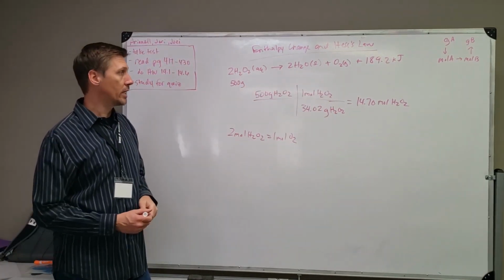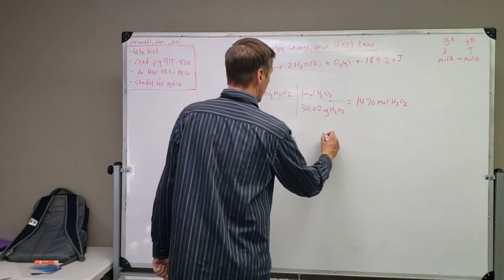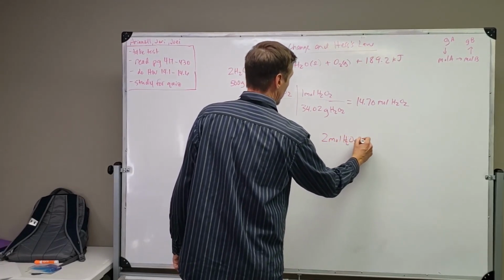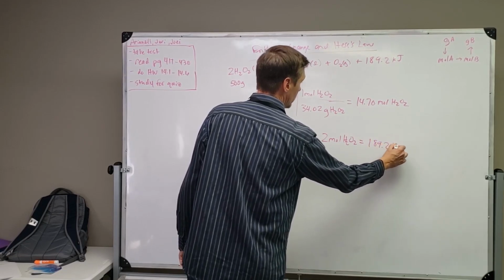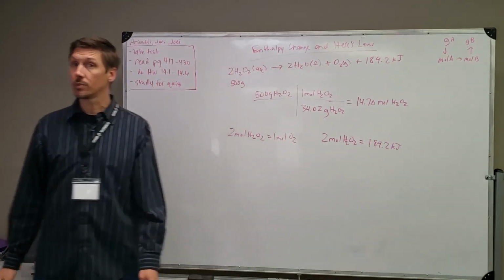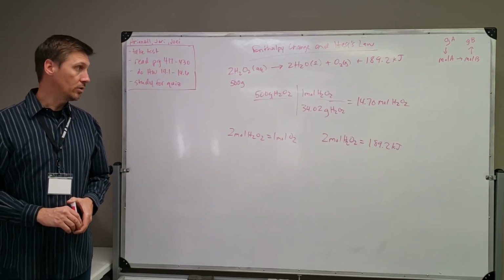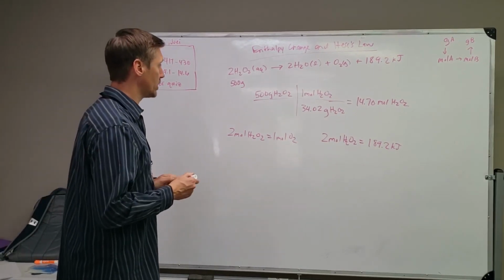The same thing works with the energy, because now that we have our energy added in, we can also say that 2 moles of H2O2 equals 189.2 kilojoules. So we have a new conversion factor that we can use to convert from one to the other, right? A new conversion relationship.